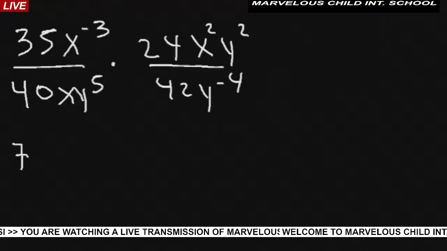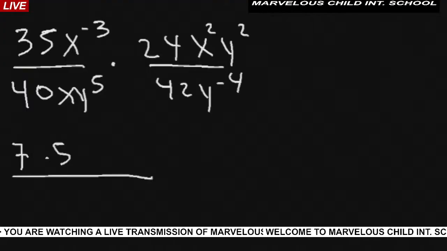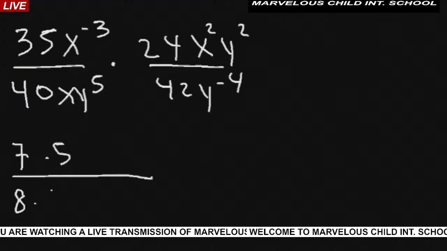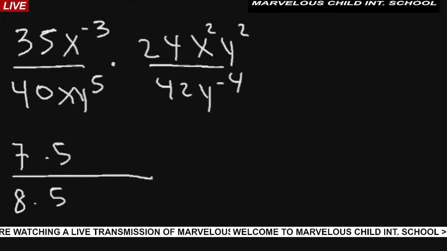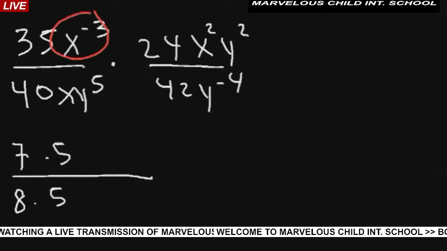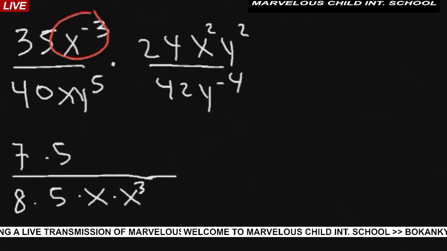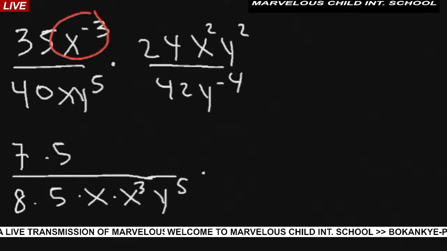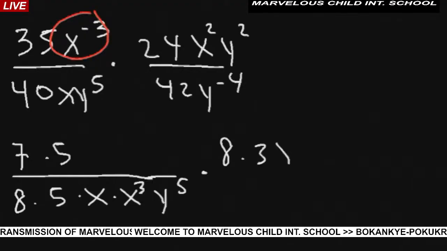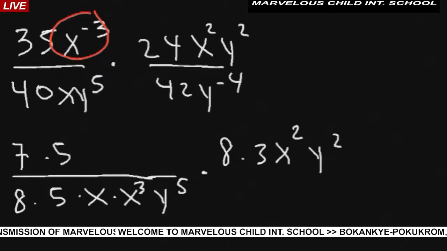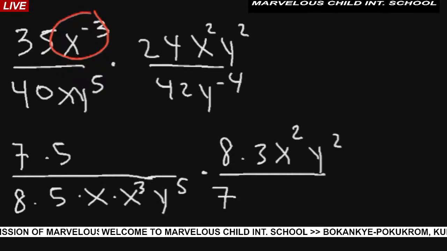Instead, we need to simplify or break down these numbers into smaller numbers. We can break down 35 into 7 and 5. And 40, we can make that 8 times 5. Now, the x to the negative 3, I'm going to move it to the bottom. So I have x times x to the third on the bottom and y to the fifth. 24, I'm going to rewrite that as 8 times 3. And 42 is 7 times 6.